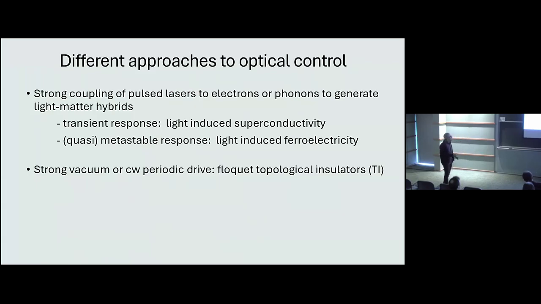But in some cases, and I do not understand it, what they also see is a quasi-metastable response: they drive strongly, turn the pulse off, and you can still have quasi-metastable effects, and this was the case, for example, in light-induced ferroelectricity.